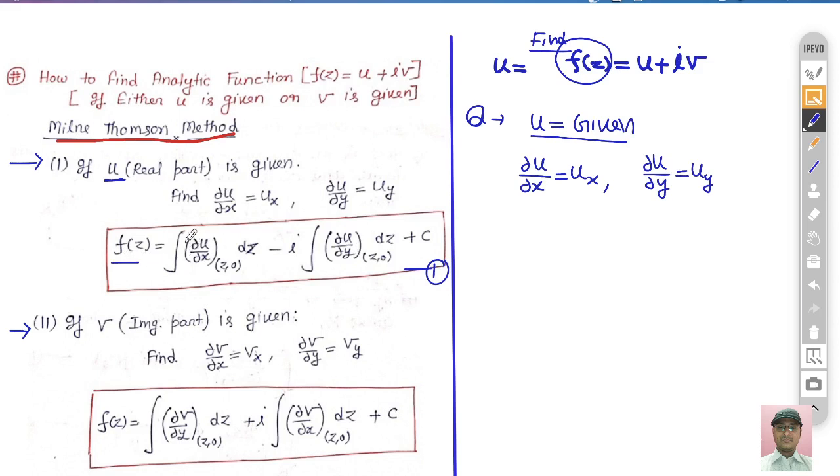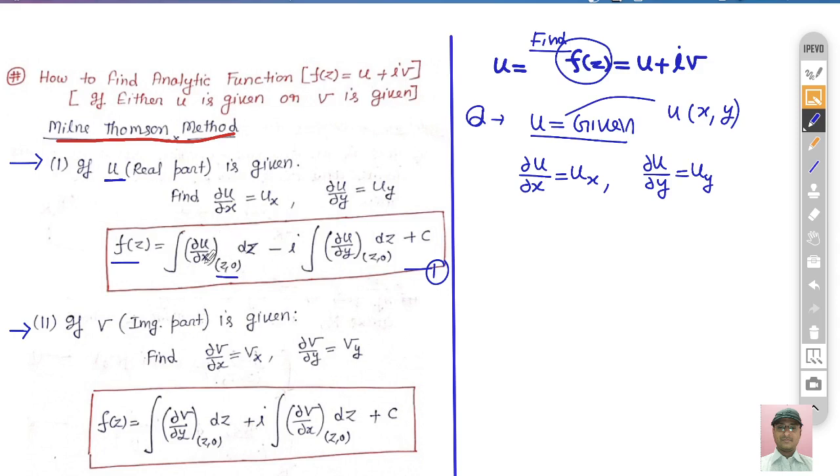So how will you do this? Integration of del u by del x, and u is a function of what? u is a function of x and y, right? So whatever you get for del u by del x, in place of x you put z. Here you have to put z comma 0, meaning in place of x you put z and in place of y you put 0, right?